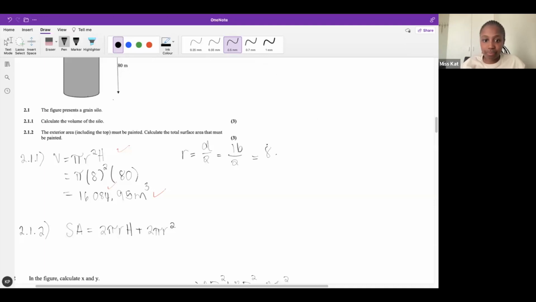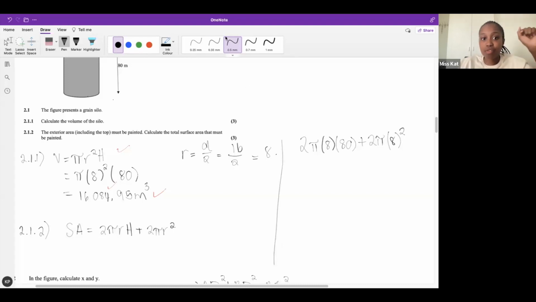So it's 2 pi times 8 times 80, plus 2 pi times 8 squared.